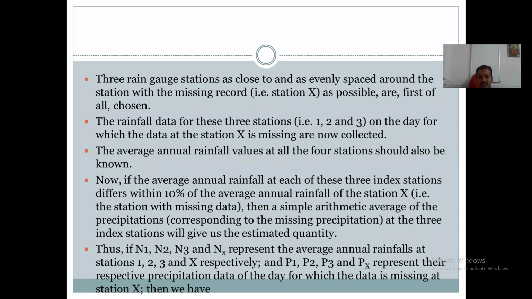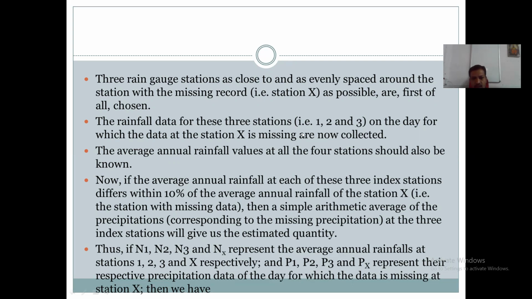Suppose we take the example where the missing record is at station X. Other stations are named 1, 2, 3. If station X is missing, rainfall data of the 3 stations is available.